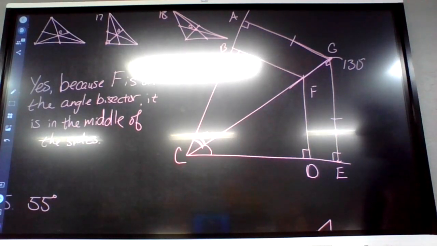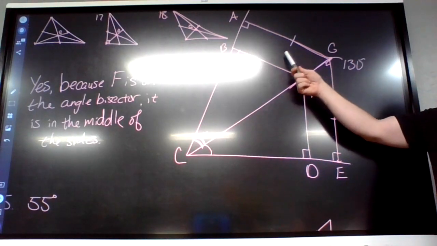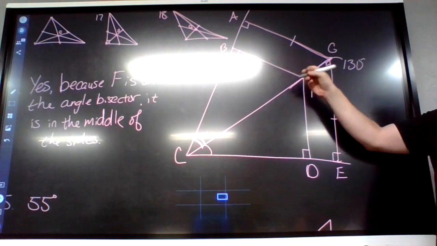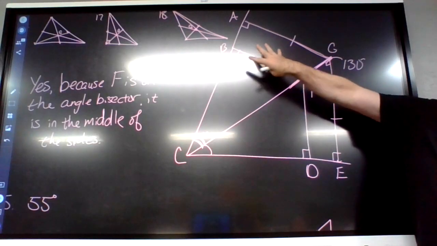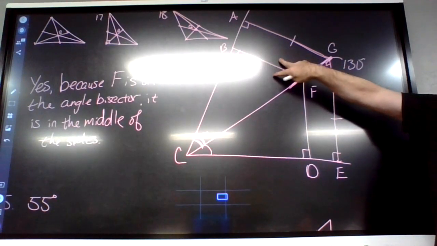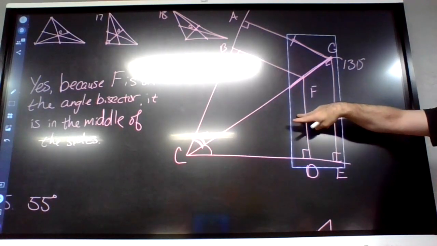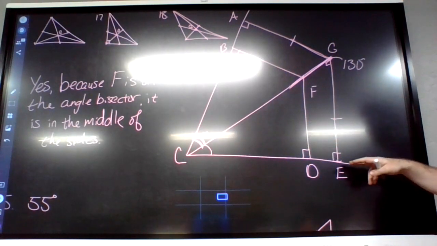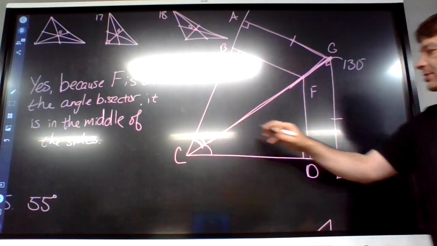Okay, this goes back to the test we just took. When you extend this line, the angle bisector, it creates these two large triangles, right? And why do I know these two large triangles are the same? Side, angle, side. No, angle, side. Okay, they have this side in the middle.